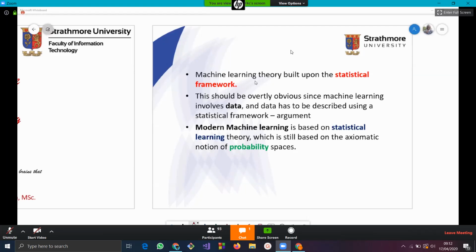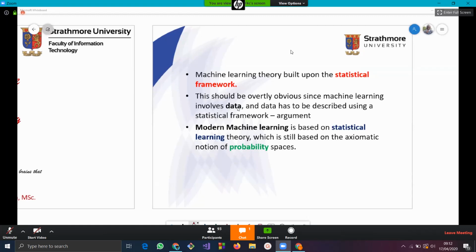So modern day AI is driven by statistics, data, and a lot of math. So why statistics? We are going to see that in a moment. This should be obvious, since machine learning involves data and statistics is the mathematical branch that handles data.